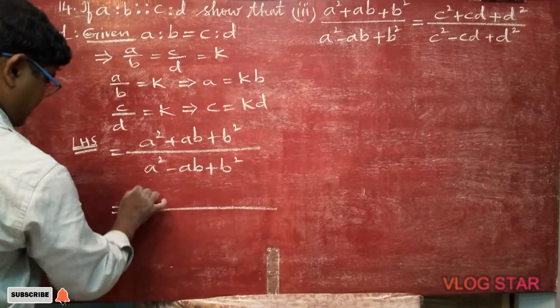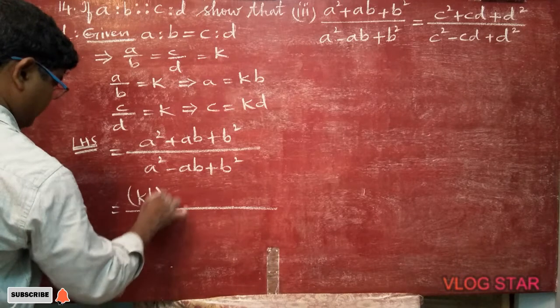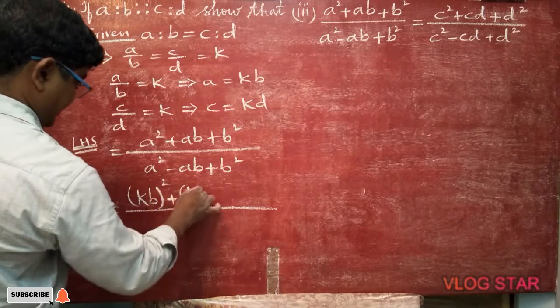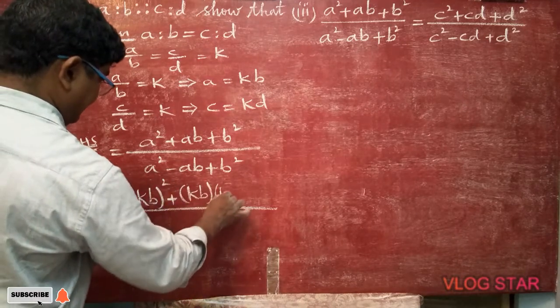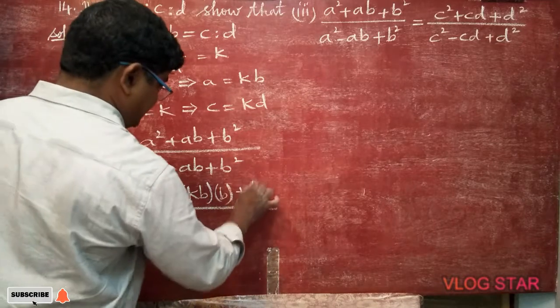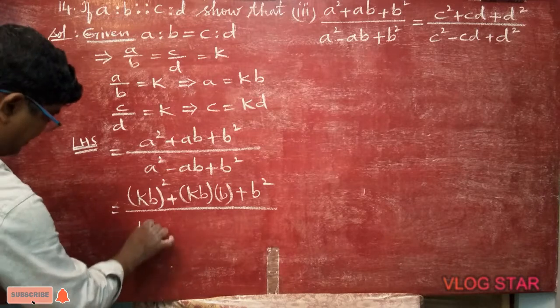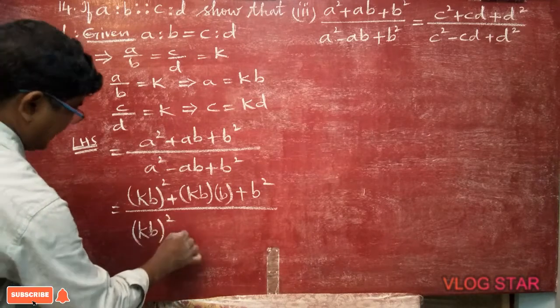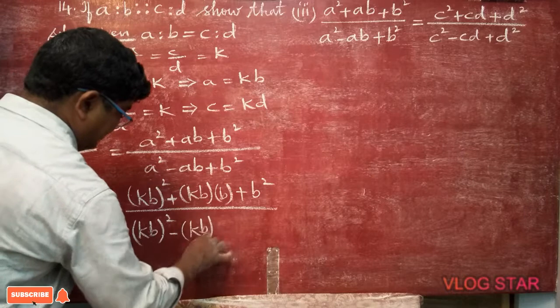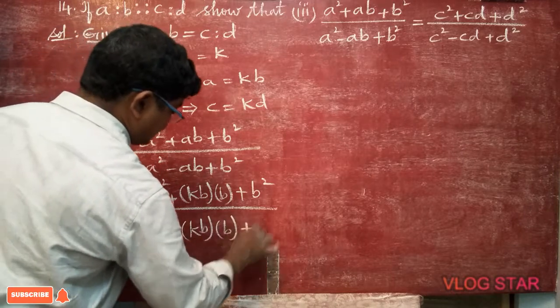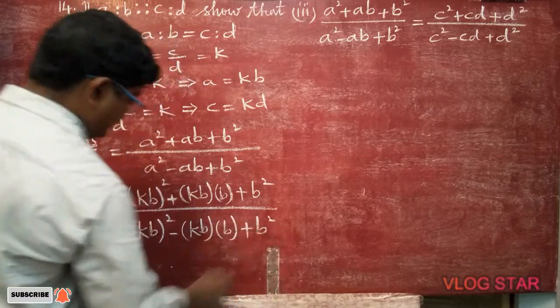A means how much? KB. KB whole square plus KB into B plus B square as it is, for B it is not there. Next, KB whole square minus KB into B plus B square. Are you able to follow?